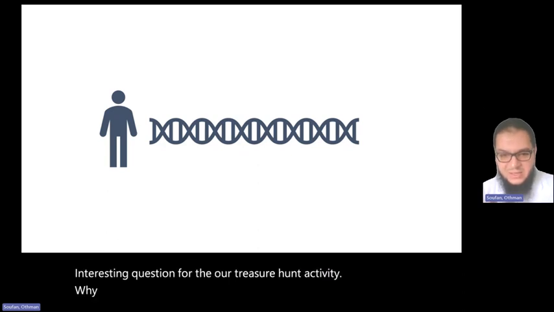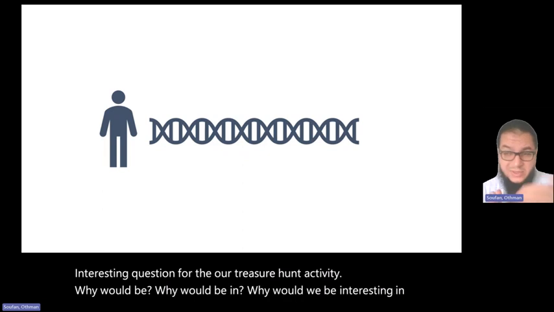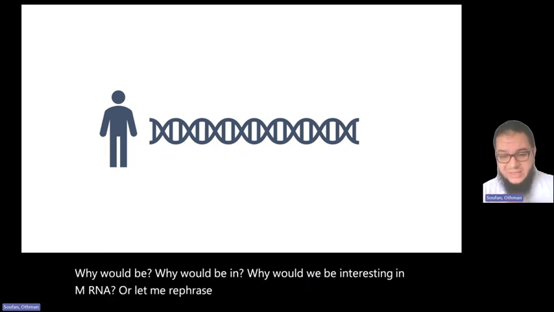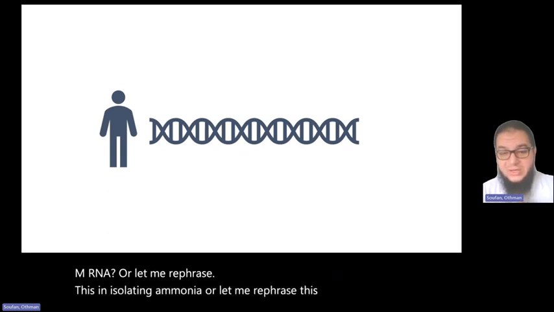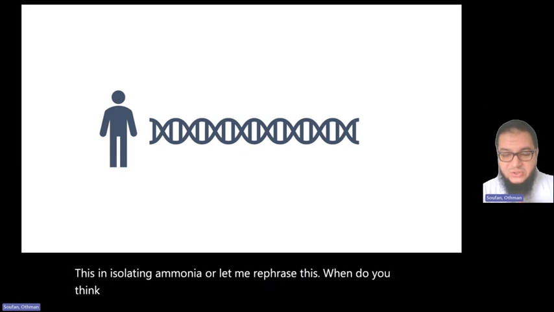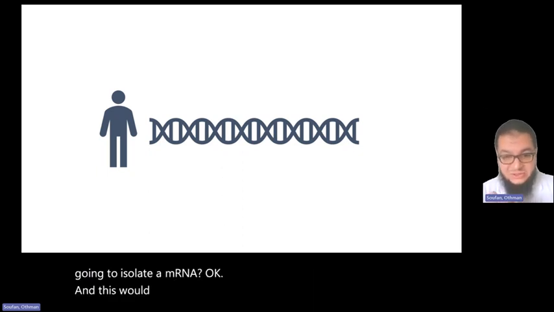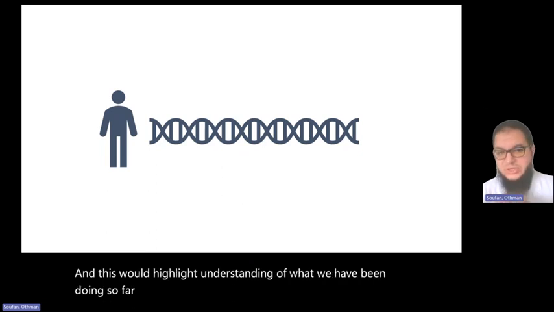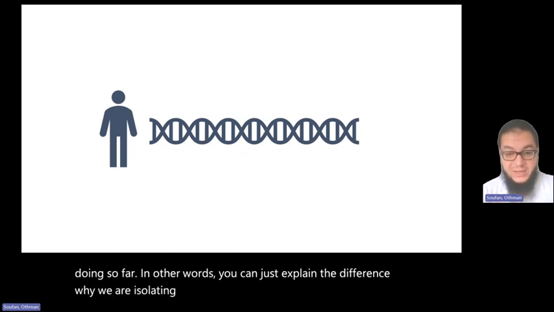When do you think we are going to isolate DNA, and when do you think we are going to isolate mRNA? This would highlight understanding of what we have been doing so far. In other words, you can just explain the difference, why we are isolating DNA or RNA, and why it matters.